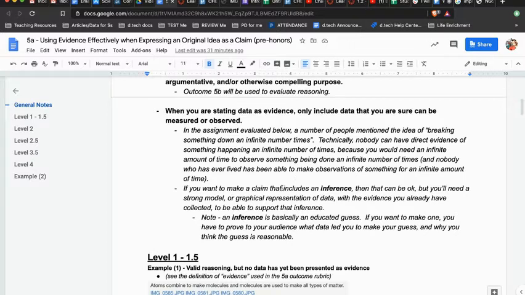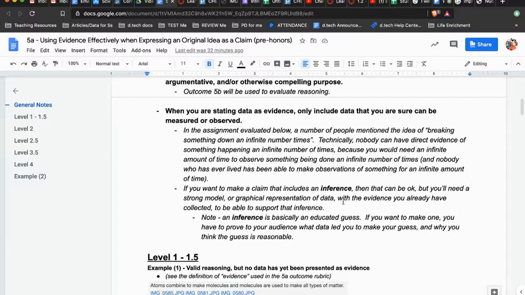So if you're talking about infinity, it means that you're making an inference, meaning an educated guess, meaning that you've seen enough data that makes you believe that with other data that I haven't seen yet, a process like separation could happen an infinite number of times. I could make that guess.